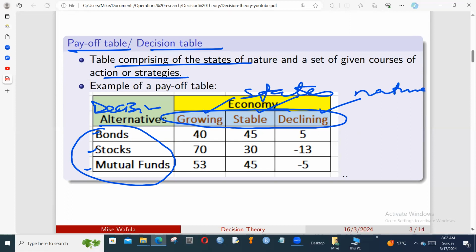So a two-way table having the rows as the decision alternatives and the columns as the different states of nature is called a decision table or payoff table, because what we have inside here are the returns that each of these investment options will fetch if you invest in any one of them.